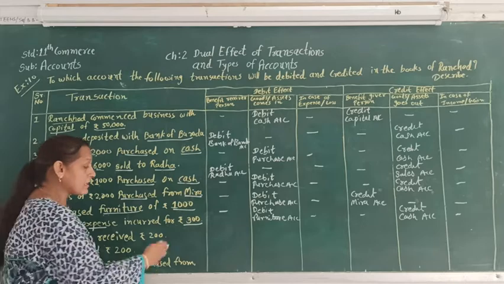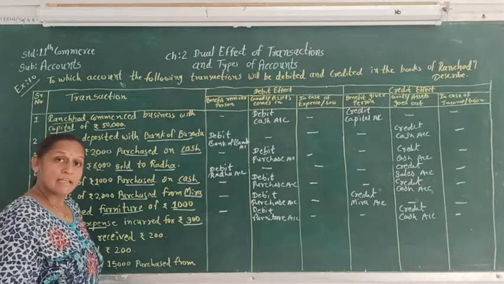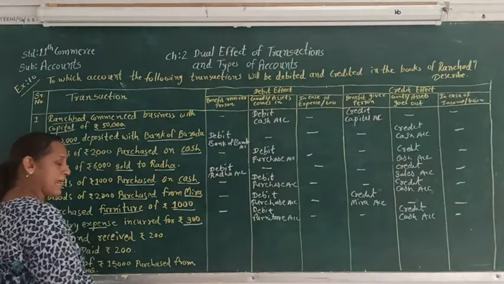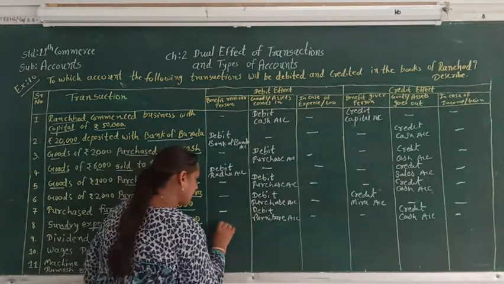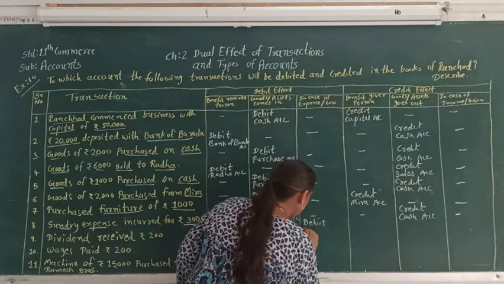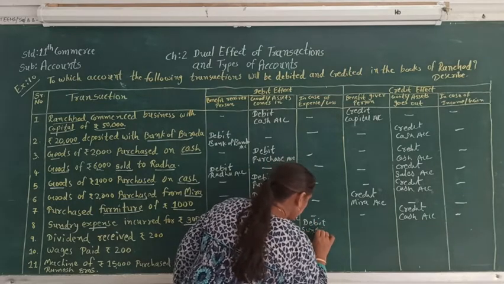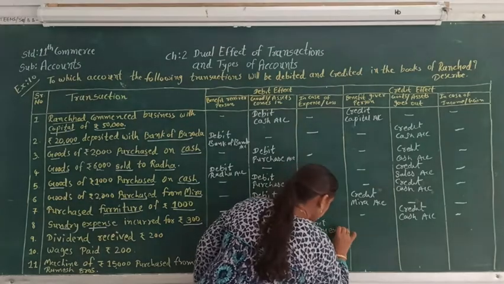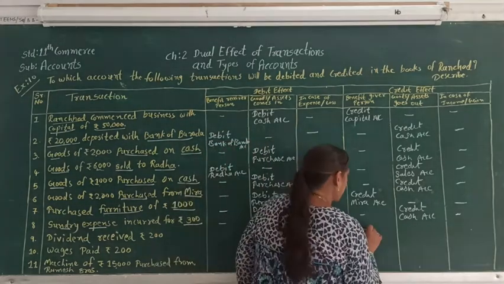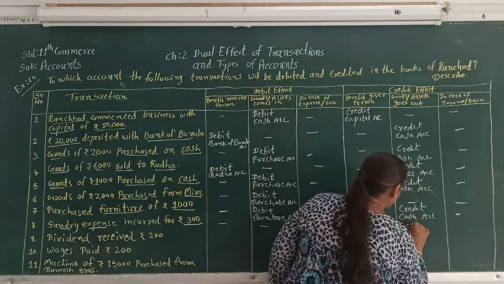So cash is going out of the business, so this account is going to be credited. So here the expense account is going to be debited. So here debit sundry expense account, and credit we are going to make cash account.